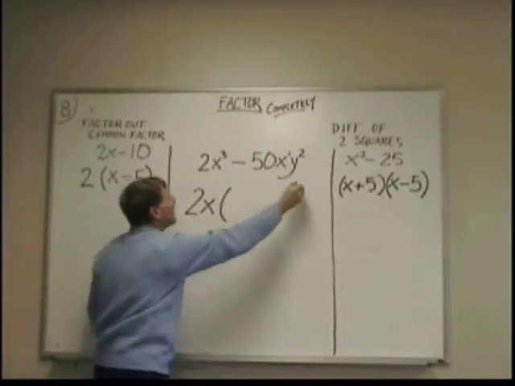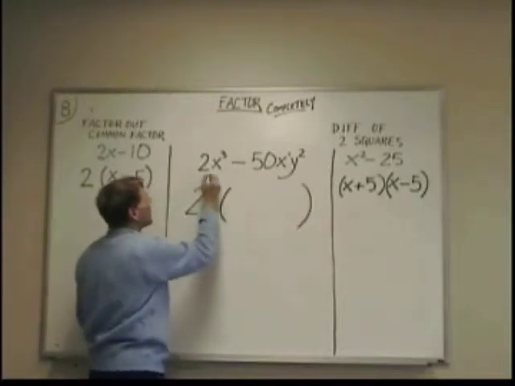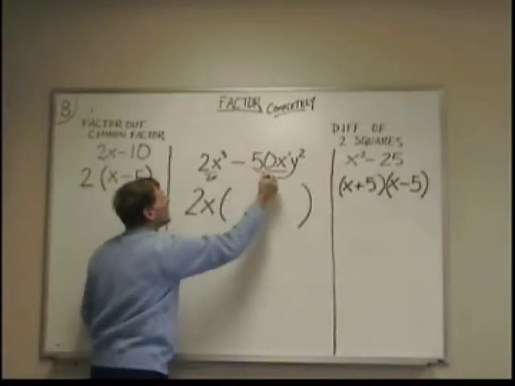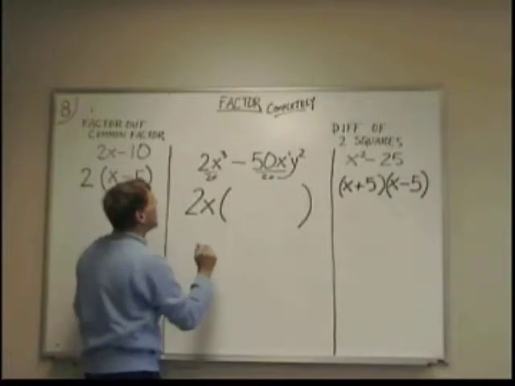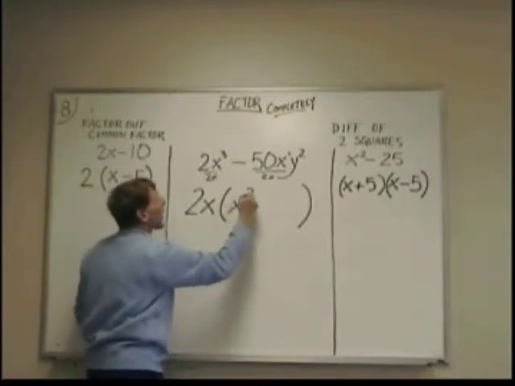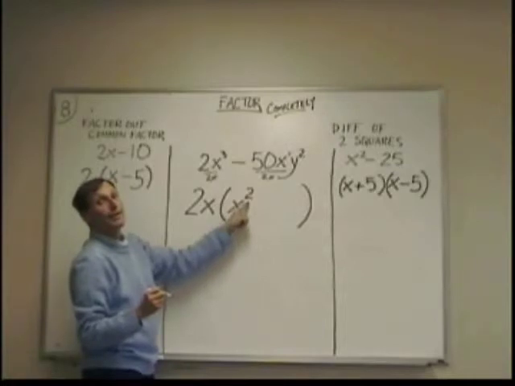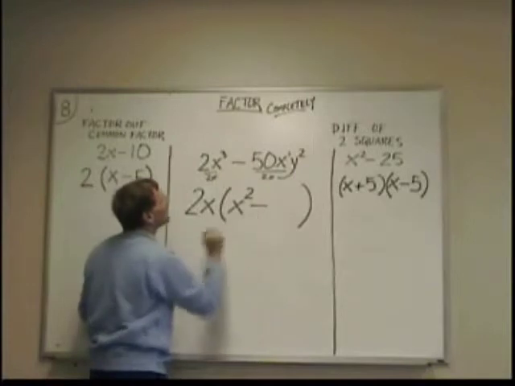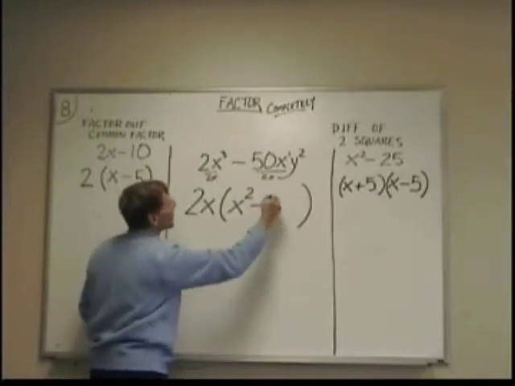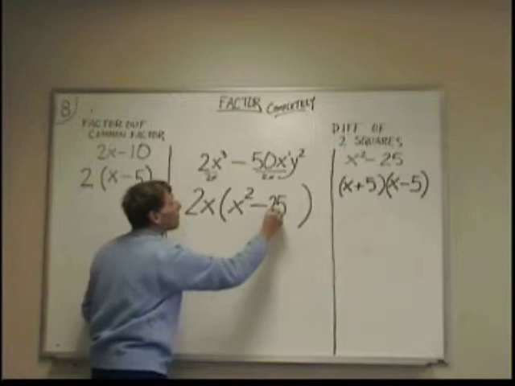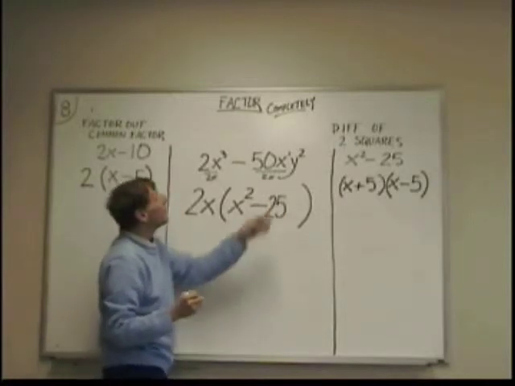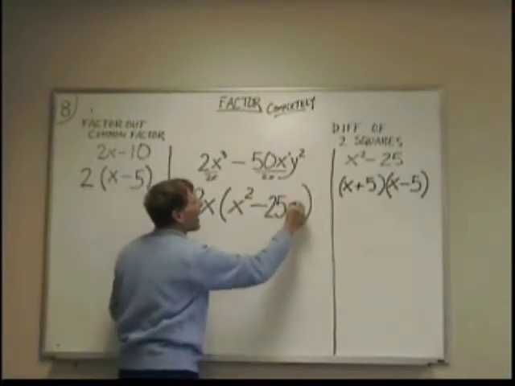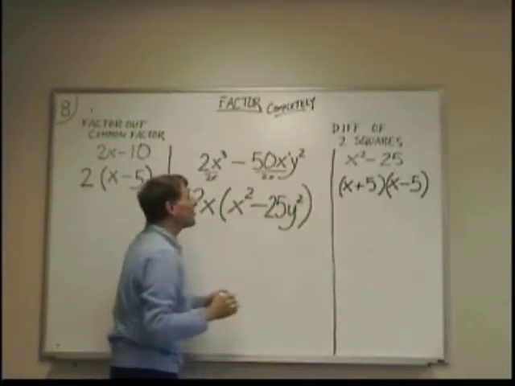Then I make a parentheses, and I'm left with, because I now divide this into both sides of the sign, the 2x which I pulled out, leaving me x squared, that's a perfect square right there, even exponent. Bring down that minus sign, and 2 into 50 is 25. Remember, that's a perfect square. The x's cancel, they're gone, x to the 1 divided by x to the 1, and I bring down that y squared. And that's a perfect square.